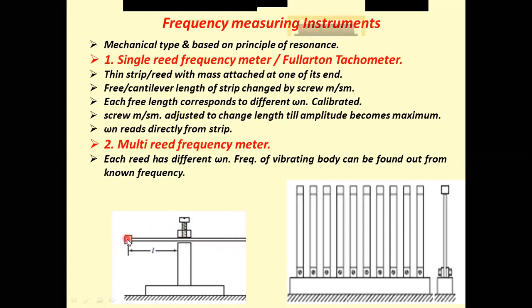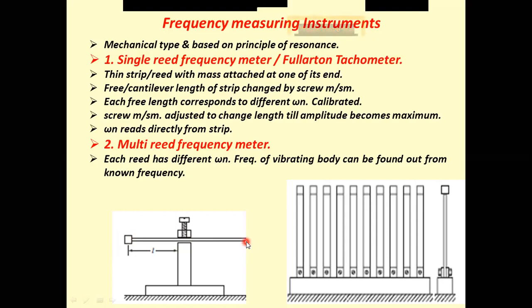The mass is attached to this one end. The other end of the strip passes over the vibrating body. So at one end of this strip the mass is attached, and at the other end, the vibrating body, whose natural frequency is to be measured, passes over that strip or reed.